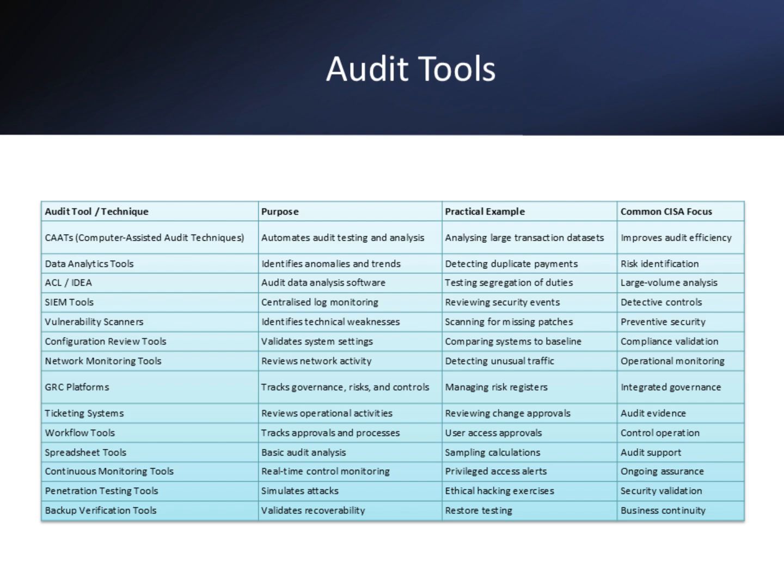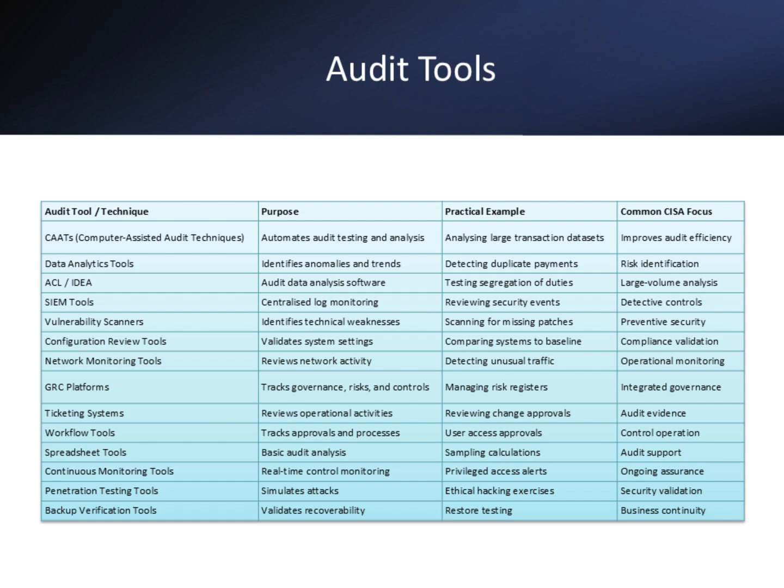Data analytics tools help identify anomalies, trends, duplicate transactions, and unusual patterns that may indicate errors, fraud, or control weaknesses. ACL and IDEA are specialized audit data analysis tools frequently used for segregation of duties testing, exception analysis, and large-scale transaction review. SIEM tools centralize log monitoring and help auditors review security events, detect suspicious activity, and evaluate detective controls.